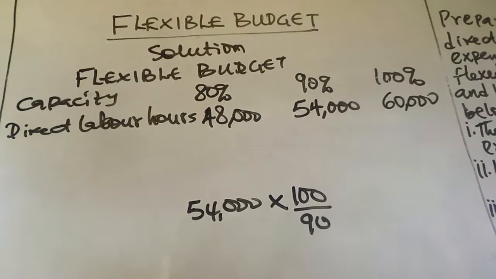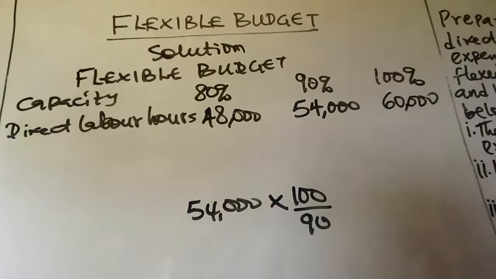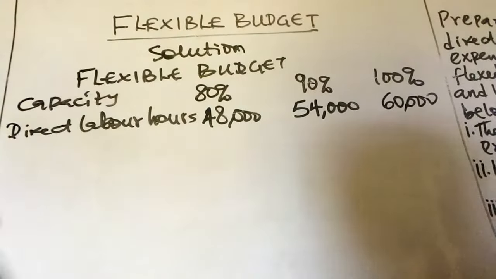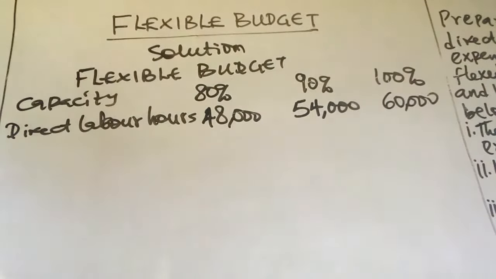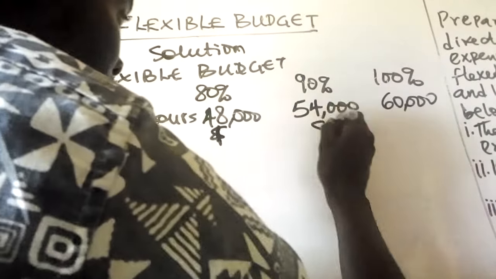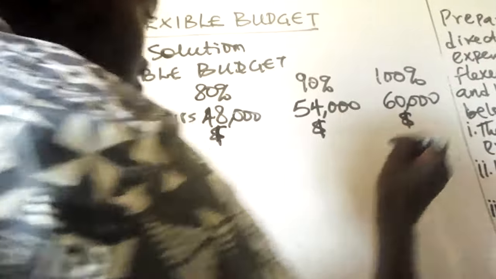So now I've told you that in your flexible budget, you are going to have the variable cost plus fixed cost plus the semi-variable cost. Now the currency is US dollar.